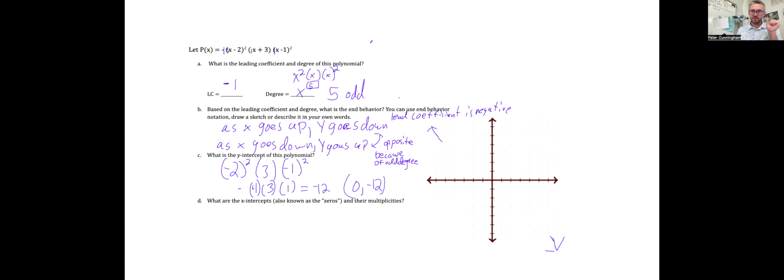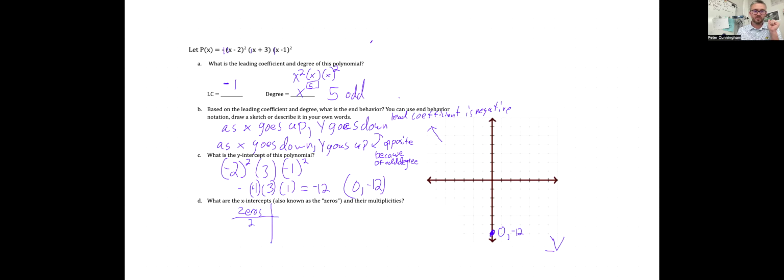I'll treat these like they're 2, 2, 4, 6, 8, 10, 12. And I'll just say that is 0, -12. Okay, x-intercepts, my zeros. So my zeros are +2.